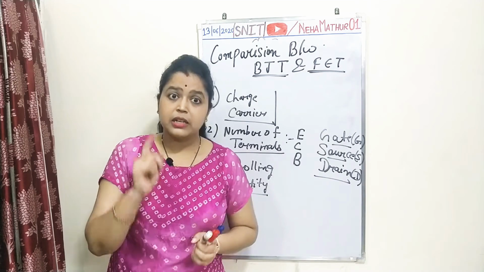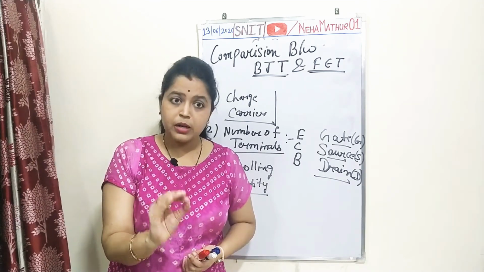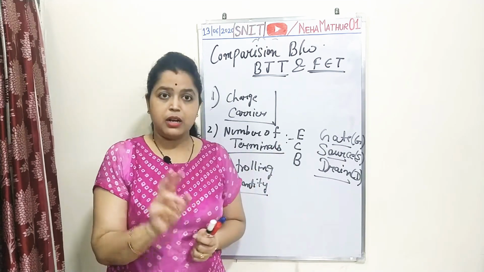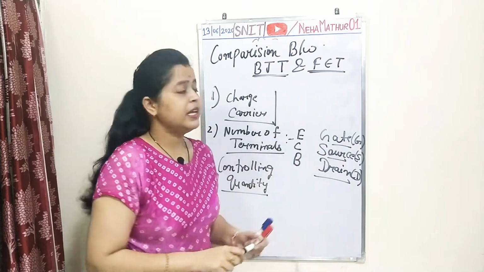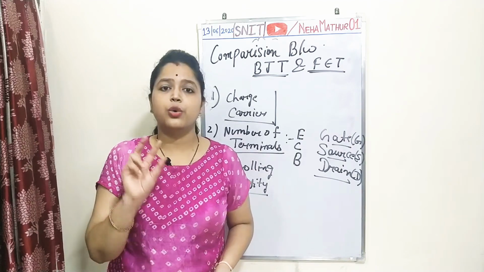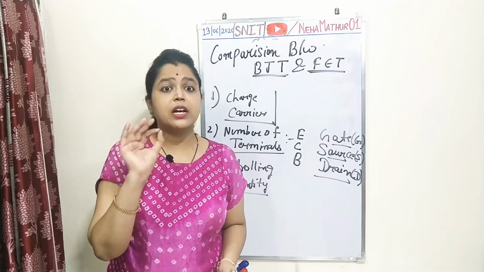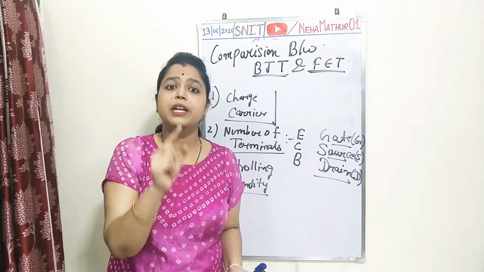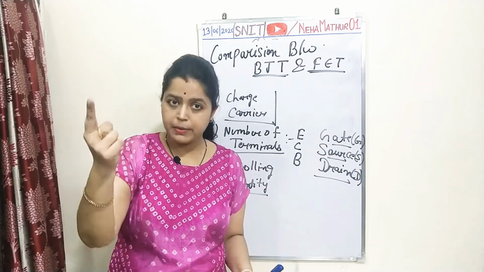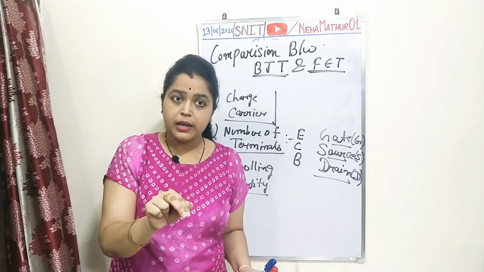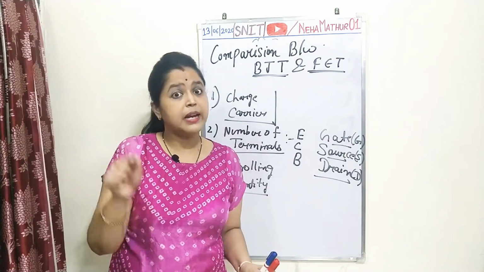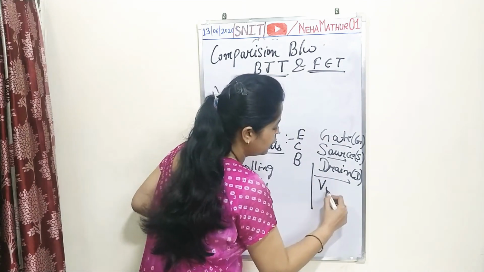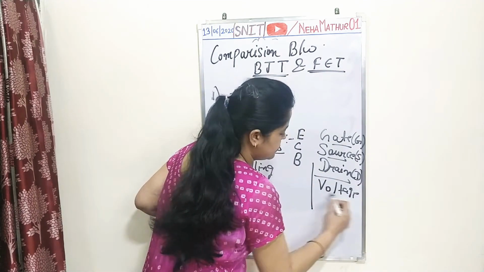That means the current is responsible to control the output at its own terminal, while FET is going to be a voltage control device. That means whatever the current will be at output terminal, I am again repeating, whatever the current will be at output terminal is controlled by the input voltage applied at its input terminal. So your FET is going to be a voltage control device.